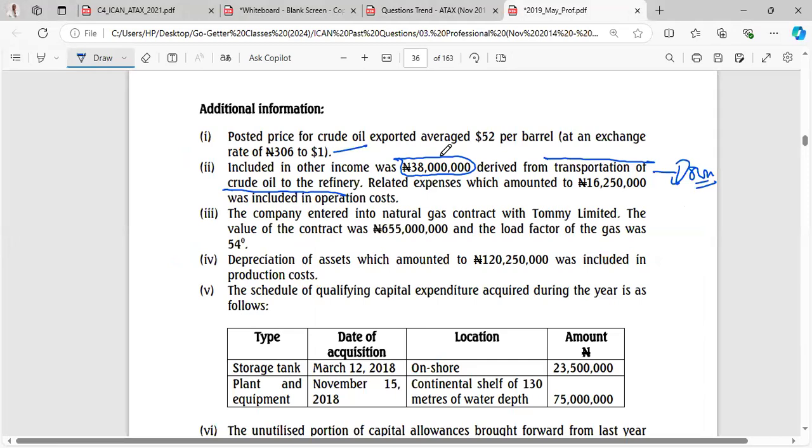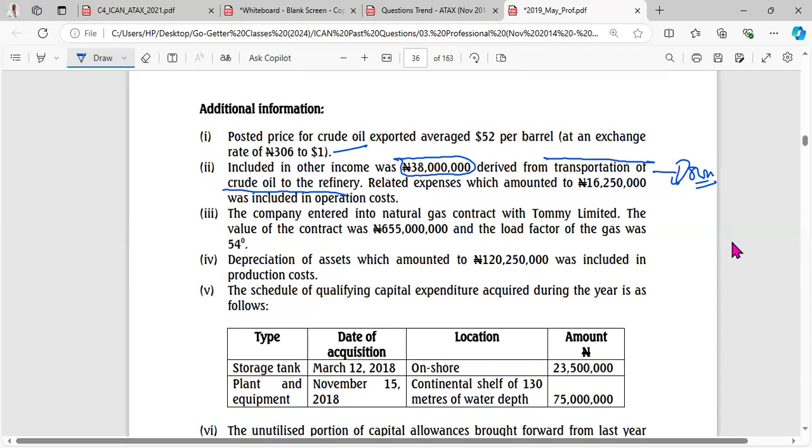We learned that in part one, that transportation of crude oil to the refinery is a downstream activity, refining activity and all that. Where the upstream sector ends is when you take your crude oil to the terminal where it is ready to be exported. Your upstream sector activity ends there. So this 38 million, if you remove three zeros, 38,000 is a downstream activity.